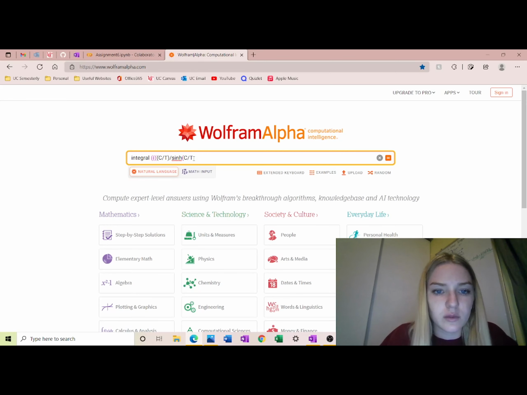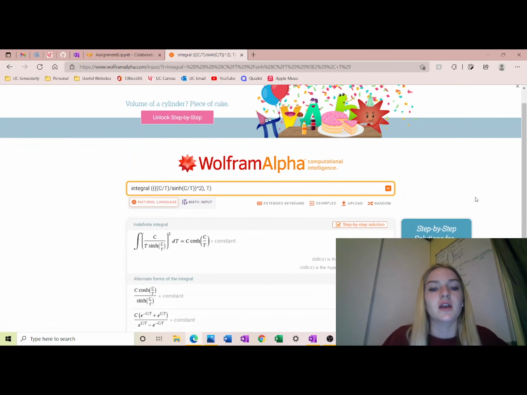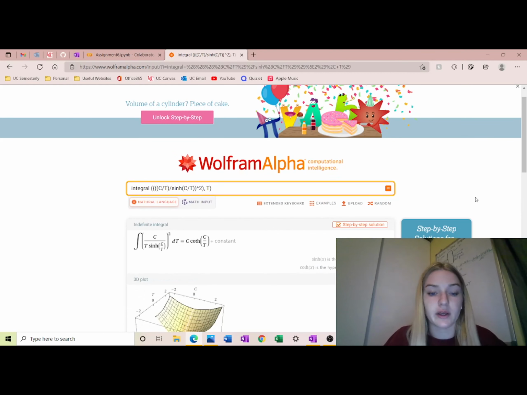Oh, we need one more parenthesis in there. And then this is all going to be squared, and then we are going to take all of that with respect to t. So we are going to hit enter, and we are going to get c times the hyperbolic cotangent of c divided by t plus a constant.